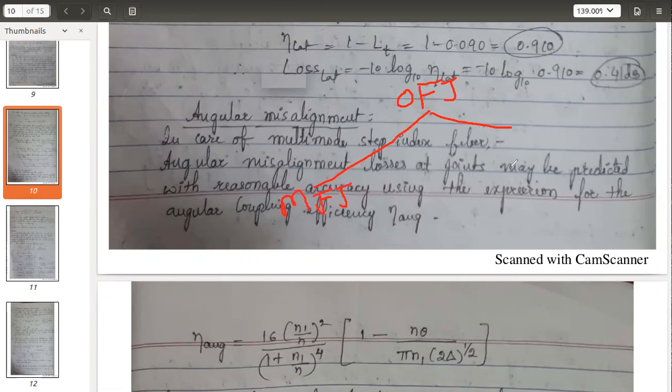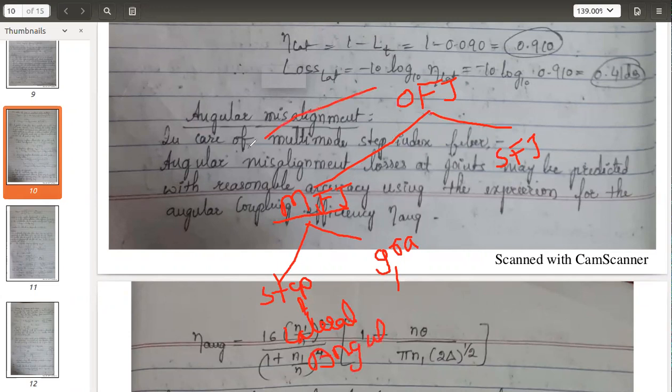In short, I'm writing single mode fiber joints. In case of multimode fiber joints, we come across step index and graded index, two different types. For both of these, we have seen what is lateral misalignment loss and what is angular misalignment loss. So we have completed this part now.